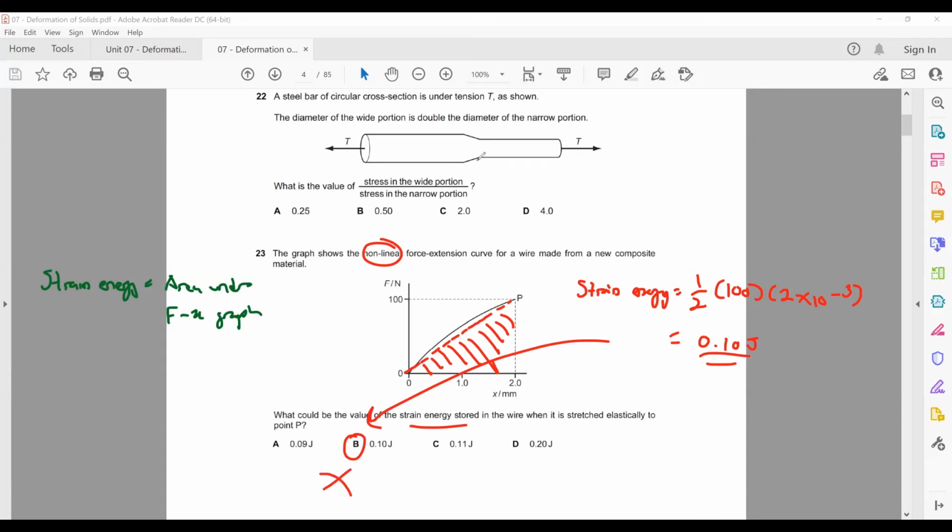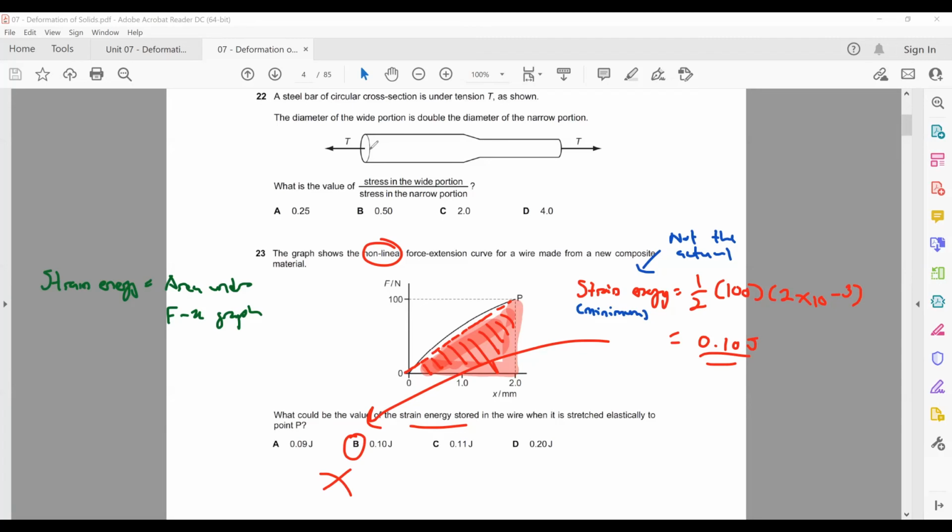Because this one here is actually the minimum strain energy. This is not the actual, because if you look at the graph, what you're finding is actually just this portion here, the triangle here. You still have a small part that you haven't taken into account, which is this one.